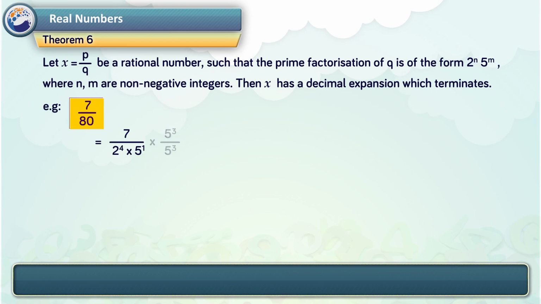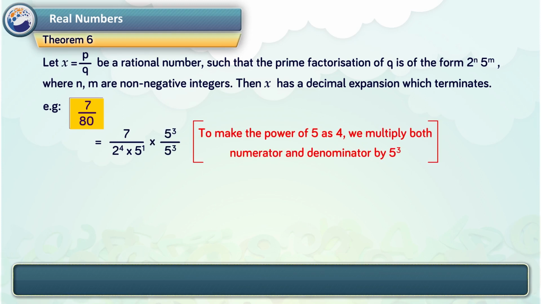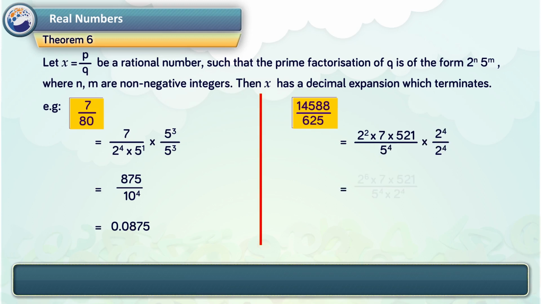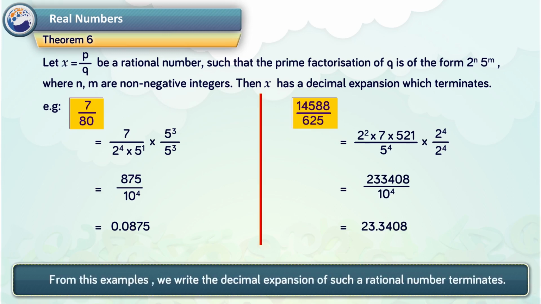Multiplying both numerator and denominator by 5 raised to 3 to make the power of 5 as 4, which is equal to 875 upon 10 raised to 4, that is equal to 0.0875. 2. 14,588 upon 625 is equal to 2 squared into 7 into 521 upon 5 raised to 4, multiplying by 2 raised to 4 upon 2 raised to 4, that is equal to 23.3408. From these examples, we see the decimal expansion of such a rational number terminates.